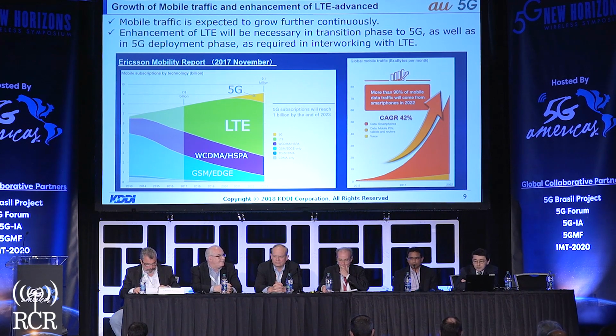And after 5G appears in the market around 2020, 5G is going to be used to accommodate mobile data traffic which may not be accommodated by LTE cost-effectively and efficiently. So from these factors, 4G and its enhancement will be important before 5G deployment and in each phase of 5G deployment, mainly for 3 reasons.